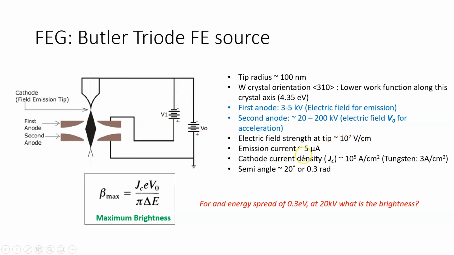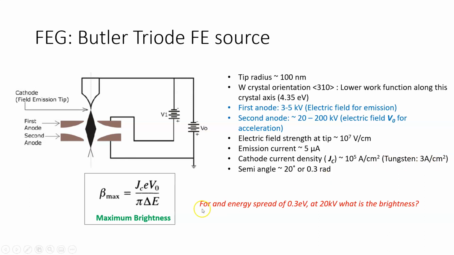So the emission current is in the order of 5 microamps. So you can work out the current density, which is basically the emission current divided by the area of the tip. And the current density is in the order of 10 to the 5 ampere per centimeter square. If you compare that to tungsten, it is orders of magnitude different, right? So tungsten is significantly lower in terms of the current density.